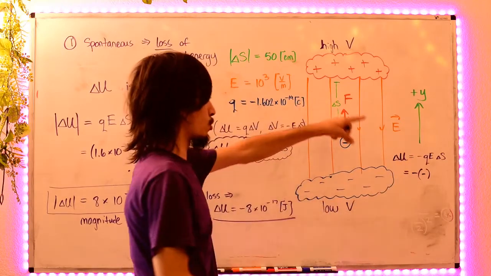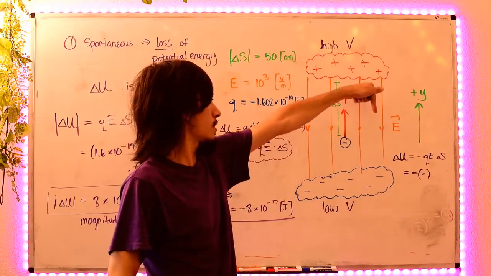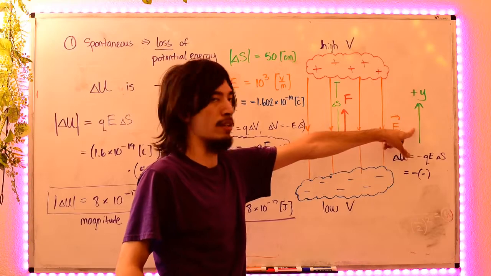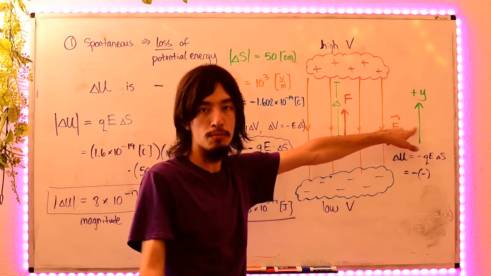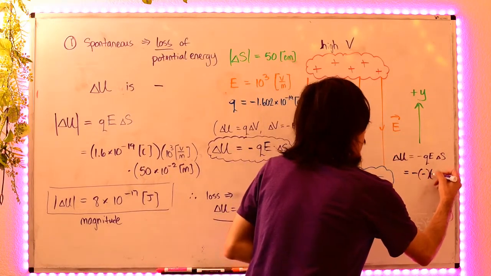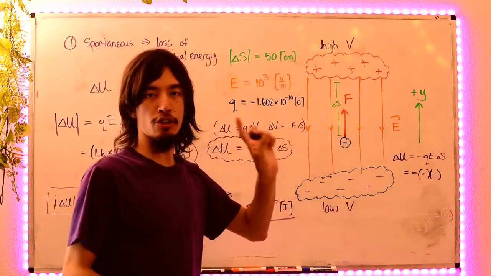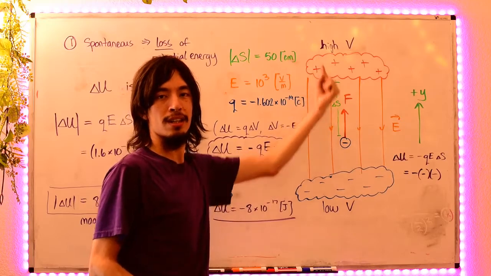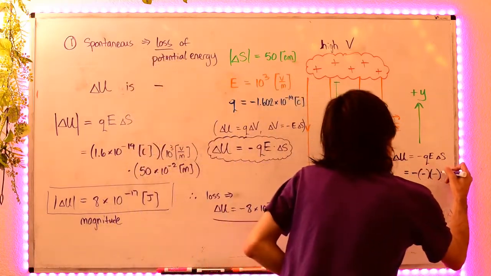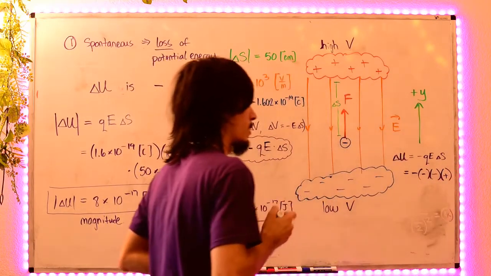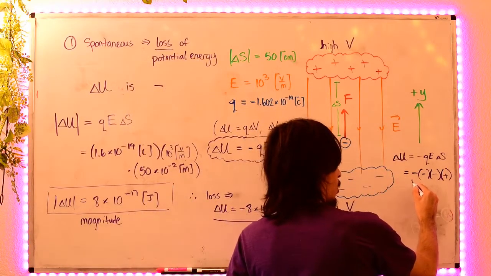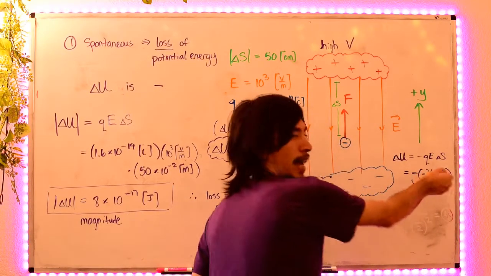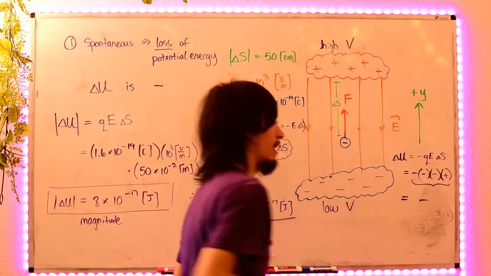E, the direction of the electric field is downwards, which is opposite to the chosen coordinate system, which is negative then, so negative. But the direction of movement, delta S, is upwards, which is in the positive direction. So that's positive. And if you condense all these signs down, 3 negative signs, that's negative.